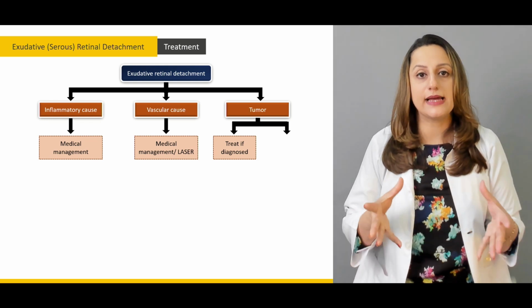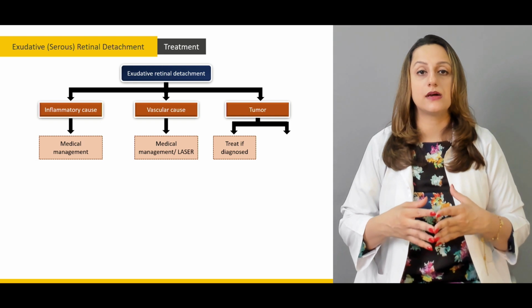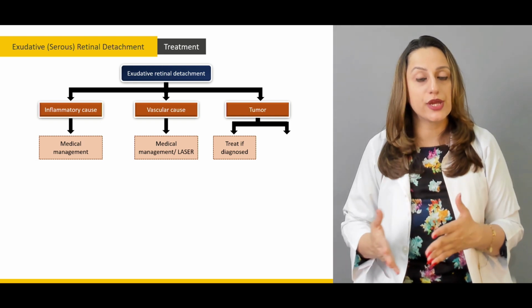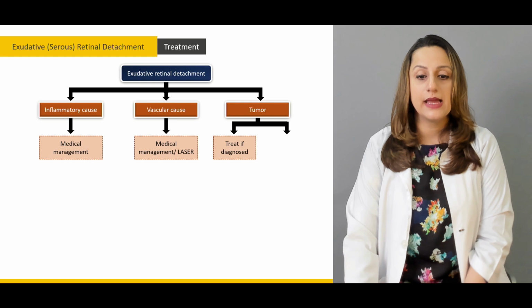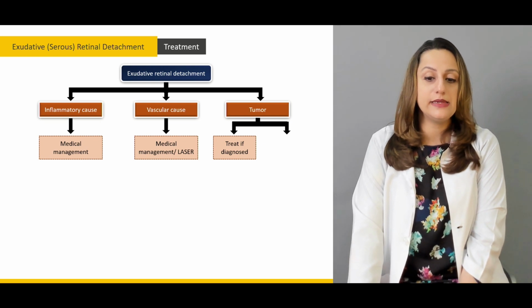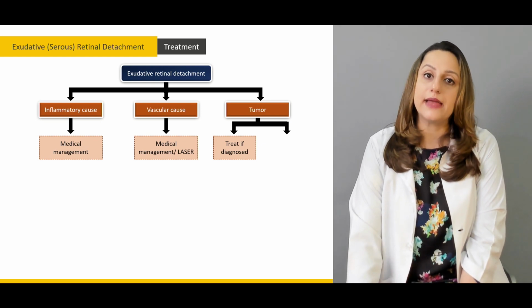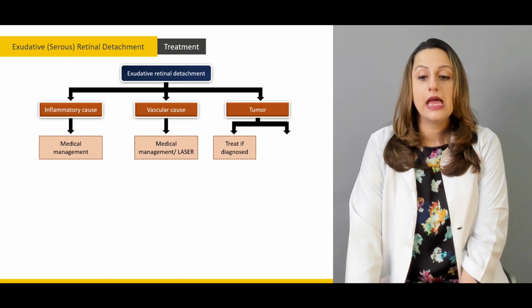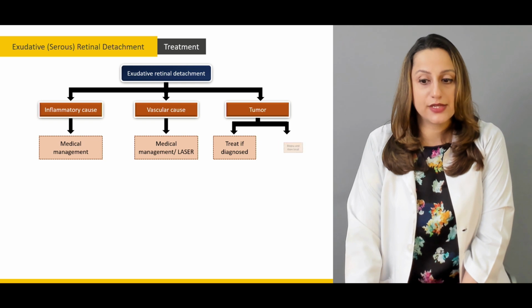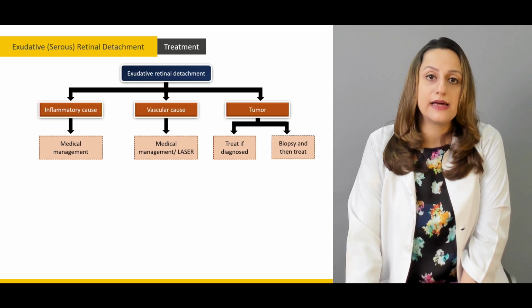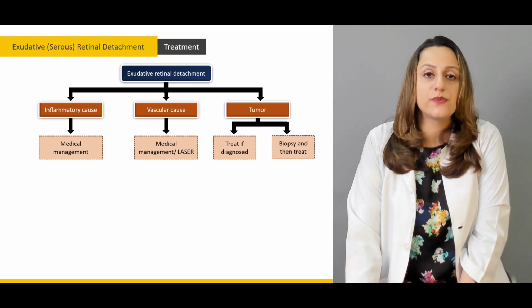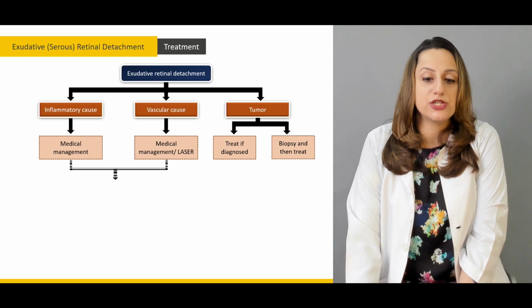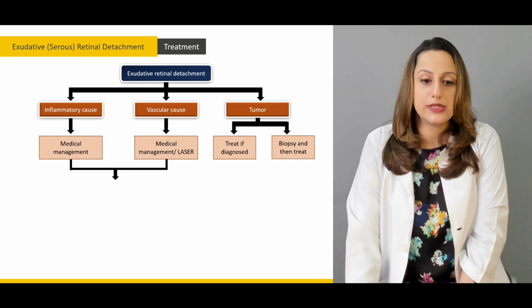For any long-standing inflammatory cause, we can relate to the use of steroids or antibiotics. The vascular causes are medically managed, or even lasers can be done. For example, laser photocoagulation can be done over here. Tumors are treated if diagnosed, and biopsy is done, and finally you can perform chemotherapy or radiation for these treatments as well.